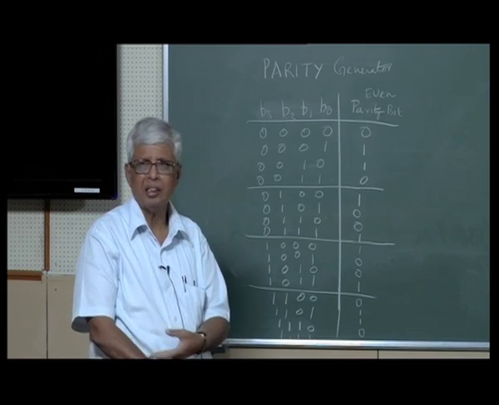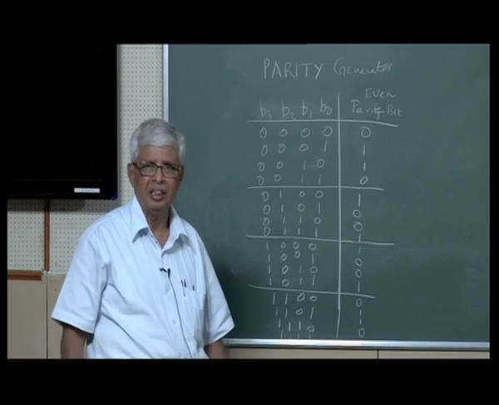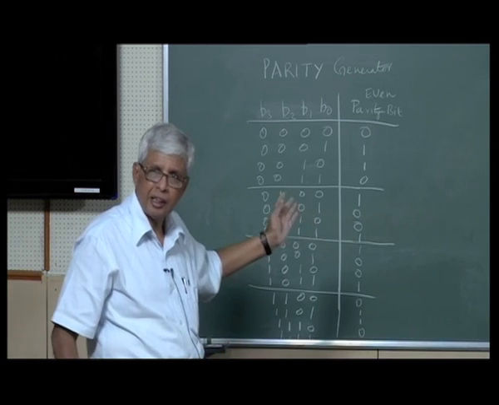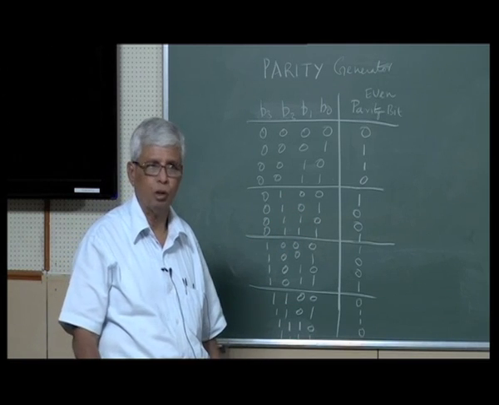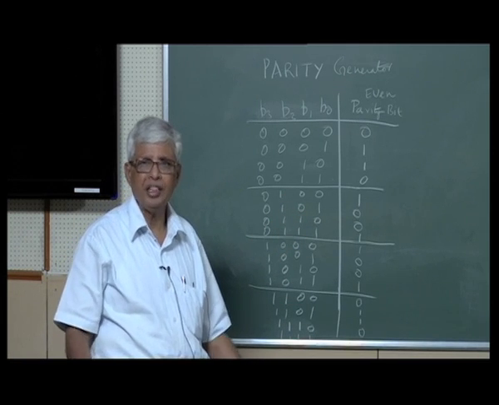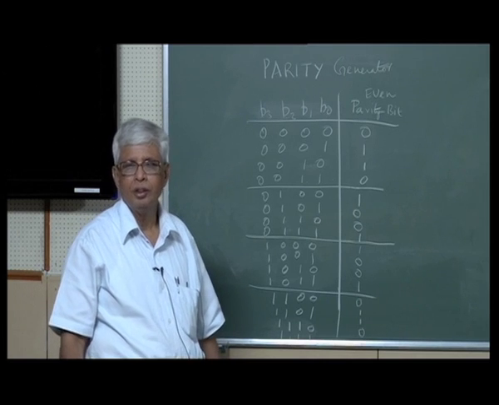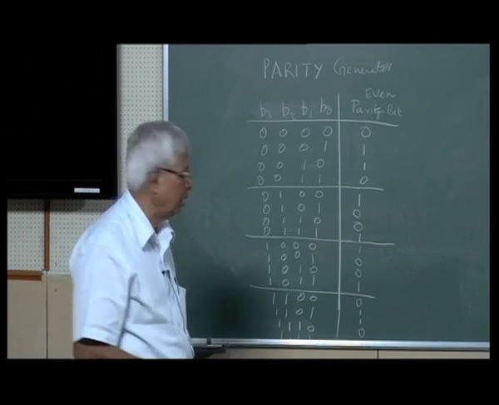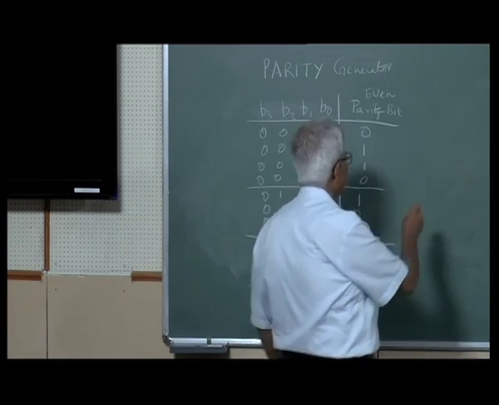What is the procedure? The truth table is given, all 16 combinations and the corresponding outputs are given. How do you proceed? First step is to draw the Karnaugh map. This is the truth table, translate it into a Karnaugh map.